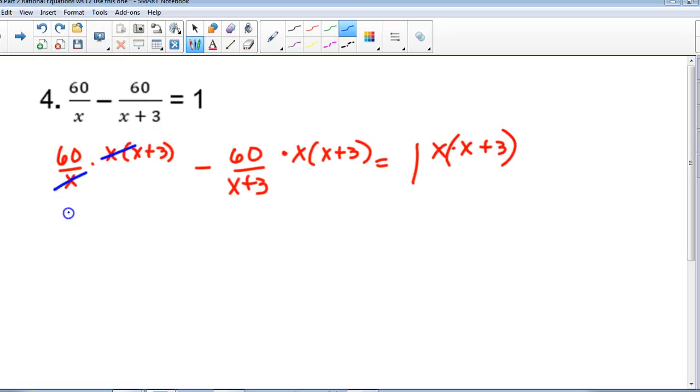All right, so what is that, 180? Right? Okay, this, be careful. This is a minus. Luckily, we don't have to distribute it through anything, but it is a minus 60x.